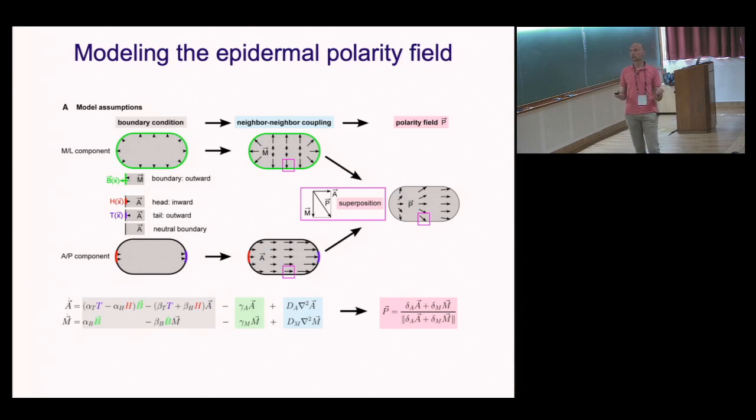Now, the assumption of the model is that the final polarity as we observe it by example of the cilia orientation is actually the result of the superposition of these two polarity fields. So first of all, the AP polarity field mediated by head-tail. Second, the generally globally attractive effects of the boundary.